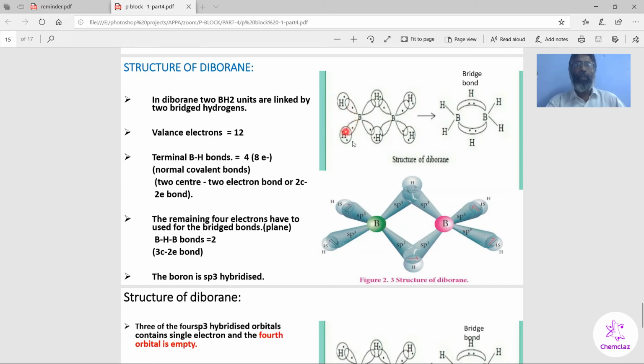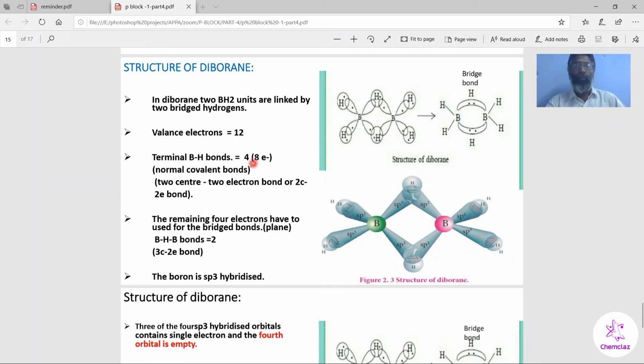These overlap with the half filled orbital of hydrogen, which gives 2 boron hydrogen bonds here and 2 boron hydrogen bonds here. So 2 electrons, 4, 6, 8 electrons. The total number of valence electrons is 12.